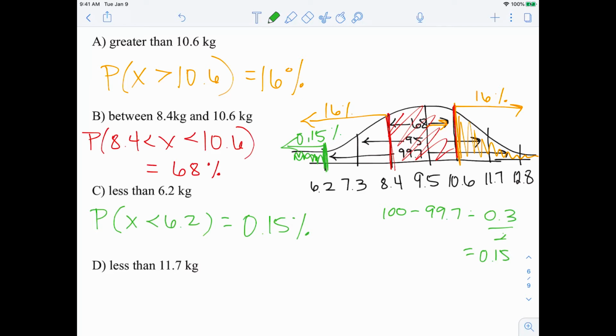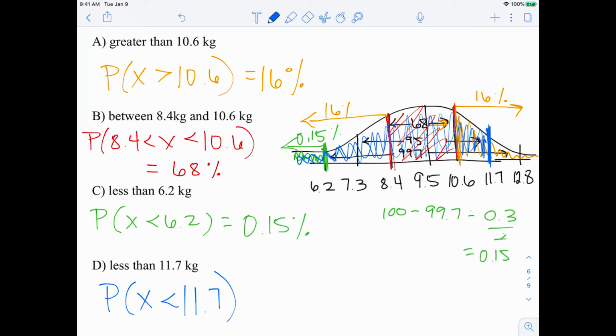And then finally on D, we're looking for the probability that the data value is less than 11.7 kilograms. So 11.7 is right here. That is 2 standard deviations above the mean. And I'm looking for the probability that it's less, so I'm looking for all of this probability going this way. This one's kind of tricky.